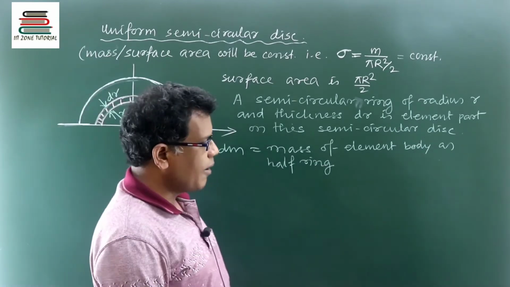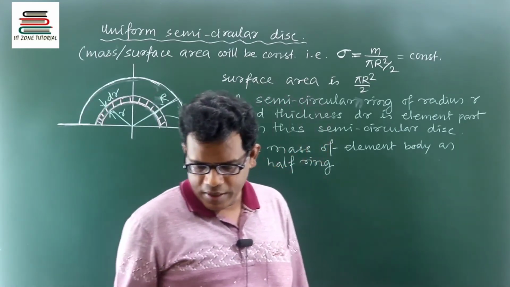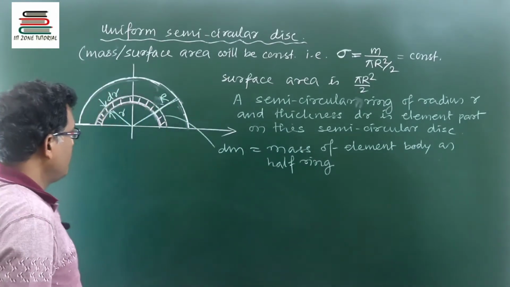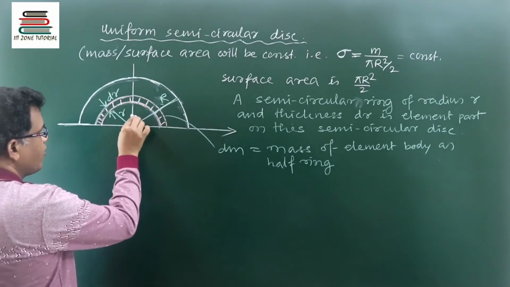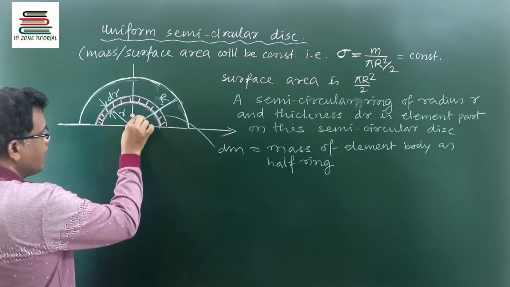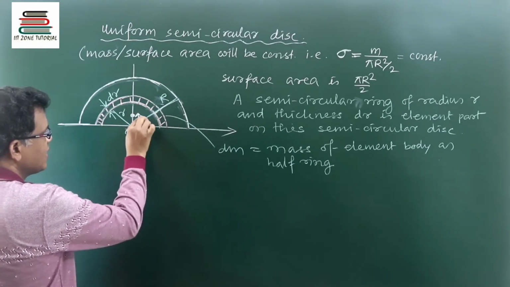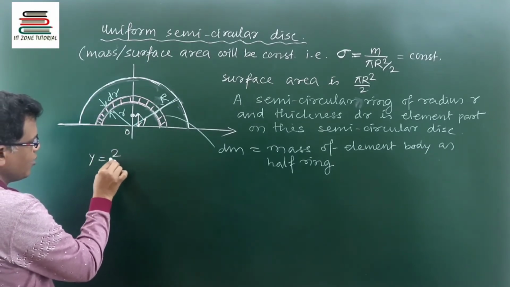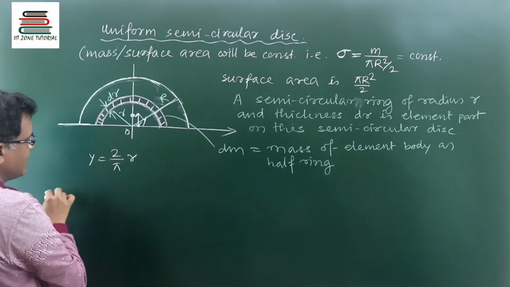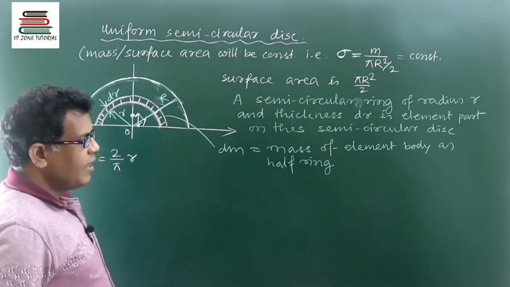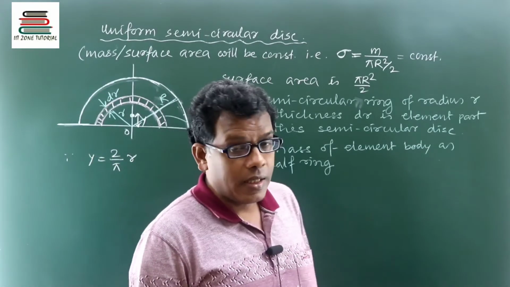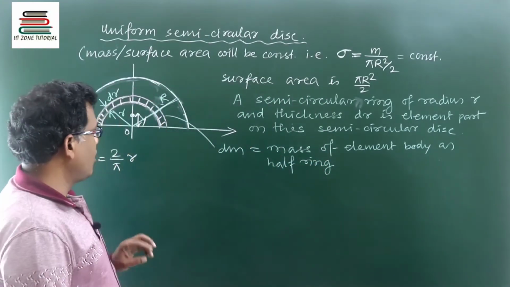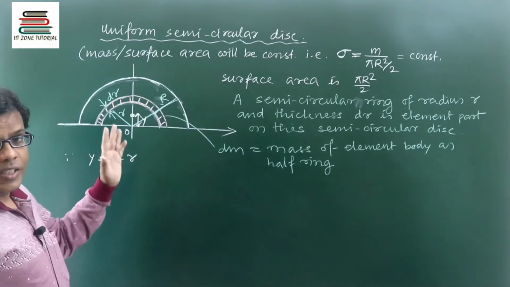So this half ring itself is a dimensional geometry. The element body itself is a dimensional geometry, so its own center of mass location should be somewhere at this distance, right? Why is it written 2 by pi times its radius? It is the center of mass of the semicircular ring itself, which is equal to 2 by pi times the radius of the semicircular ring, on its line of symmetry.